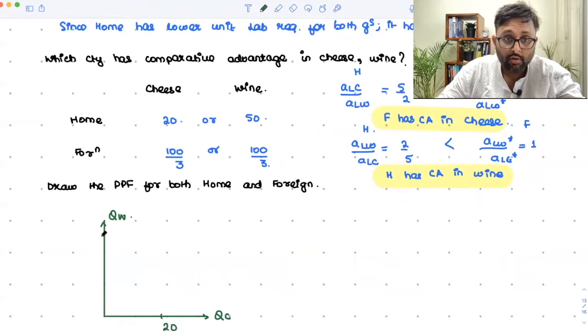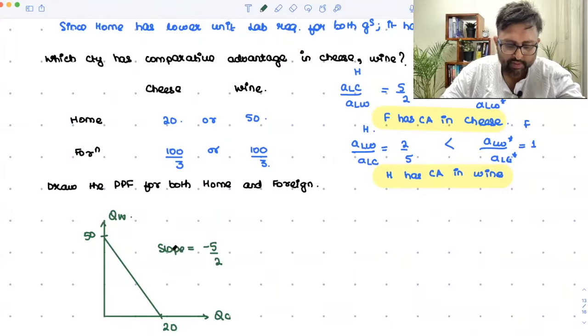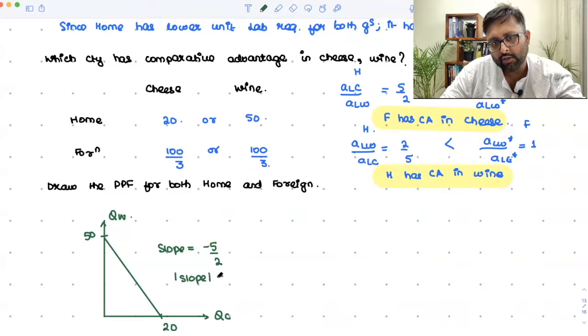And if all resources are used in wine production, we can produce 50 units of wine. So what is the slope? It is minus 50 upon 20, which is minus 5/2. If you want to write it in absolute terms, the modulus of slope will be 5/2. This is about the home country.